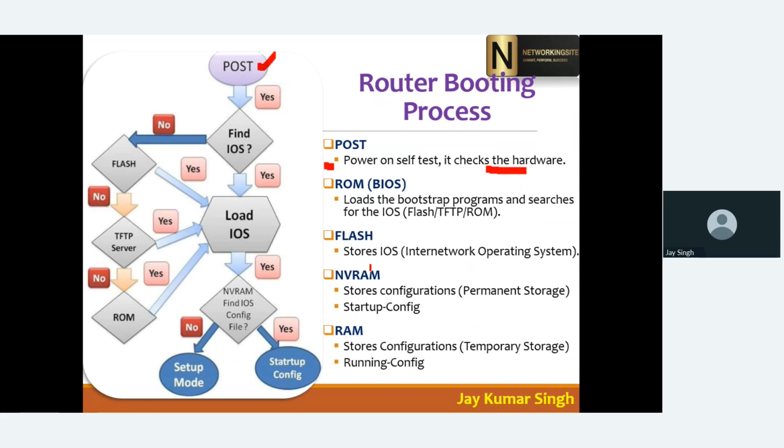When all the hardware is okay, it will move to another process. It says yes, POST is fine, good. Then it will look for the operating system of Cisco, the Internetwork Operating System.